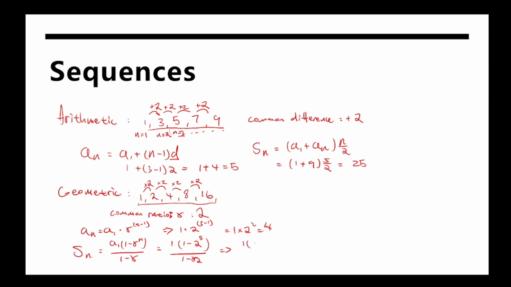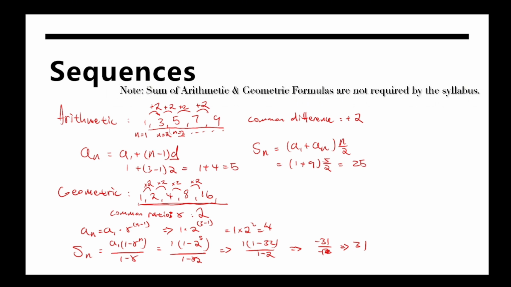And this is 1 times (1 minus 32) over (1 minus 2), which is negative 31 over negative 1, which is 31. And we're adding these together. 1 plus 2 is 3, 3 plus 4 is 7, 7 plus 8 is 15, 15 plus 16 is 31. And that's the first half of Unit 2.